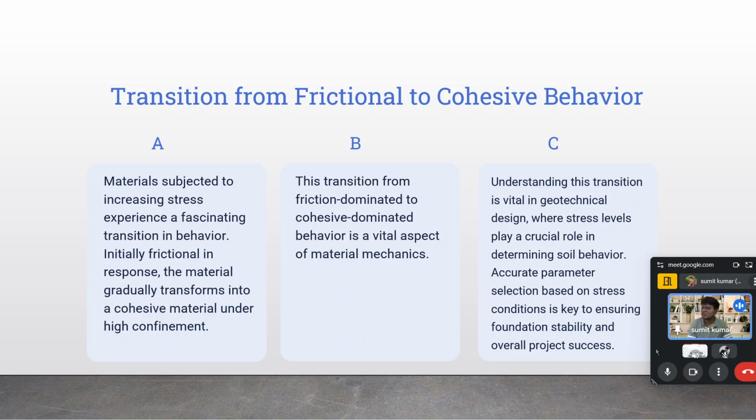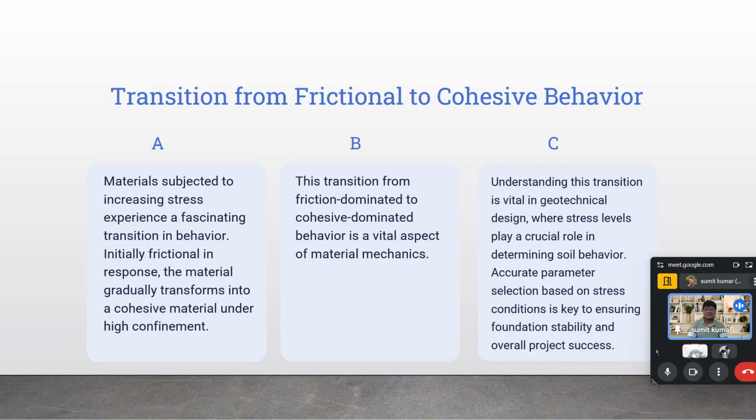Whenever we develop any material, or when we talk about material, and aspects change over the period of time, our interest in knowing those things increases. Similarly, the transition from frictional dominated to cohesive dominated behavior is one of the vital aspects when we talk about material mechanics.